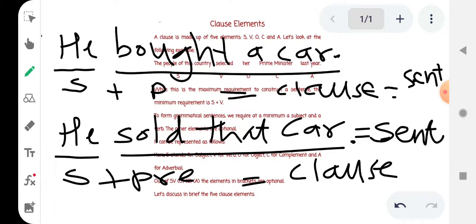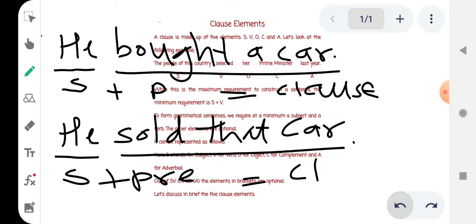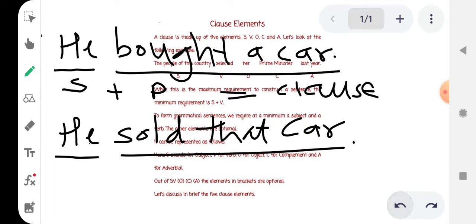Now we can combine these two sentences to form a single sentence. As there is one subject, one predicate, one subject, one predicate, these are single clause sentences.